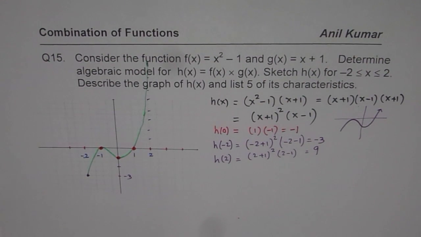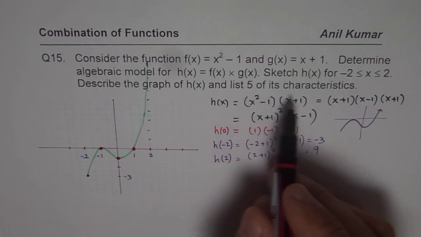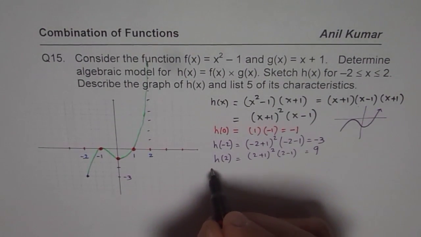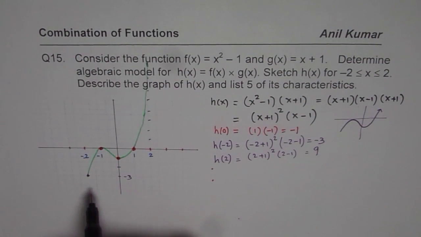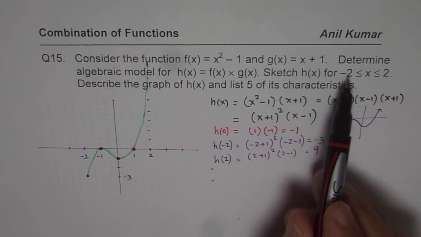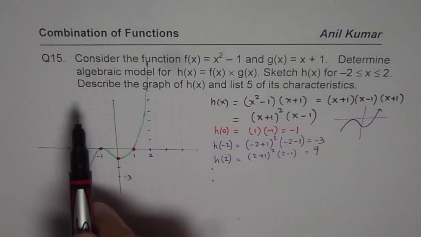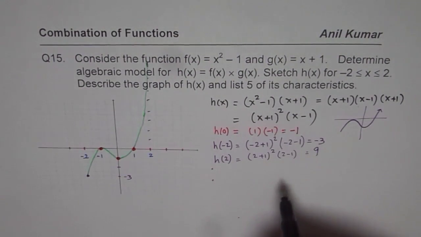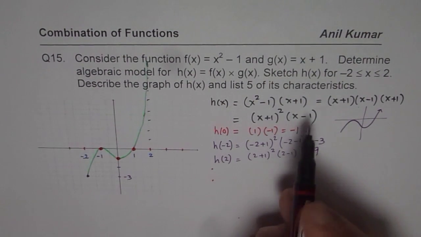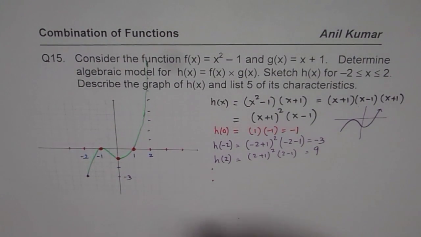Now you need to write 5 characteristics. Since we are given a restricted domain, sketch this function, describe the graph of h of x and list 5 of its characteristics. So for the given domain, we can write what is the domain, what is the range.